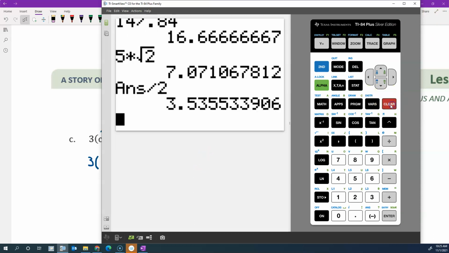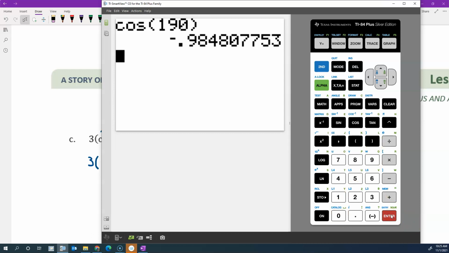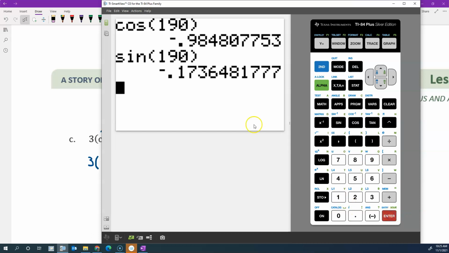Then I'm going to clear that, and to get the cosine, I go cosine 190. There's the cosine, and then I do the sine 190. Now if you're using your phone, go ahead and do the same thing and see if you're getting the correct values here.